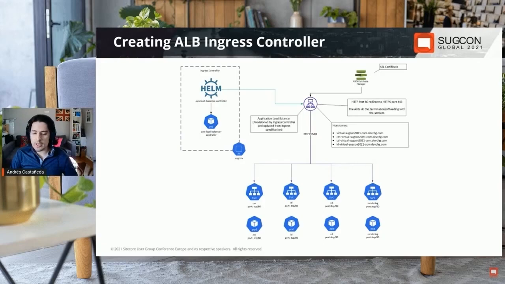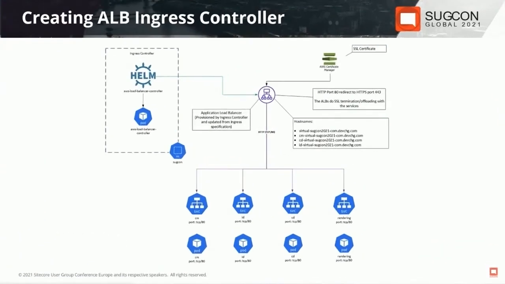In there, you can have the CD if you are using traditional MVC, or just a headless app if you are rendering your website that way. The application load balancer is provisioned by the ingress controller as it detects an ingress being created. In the image, I also put some of the host names that I will be using for the demo.